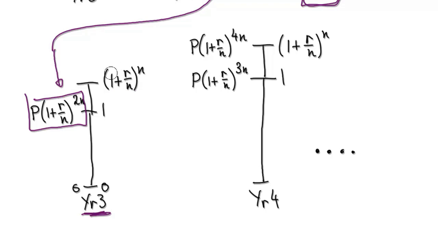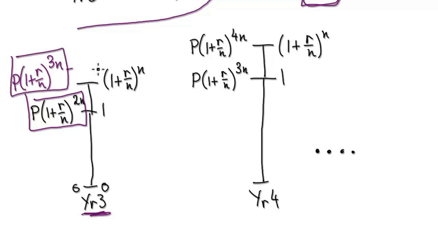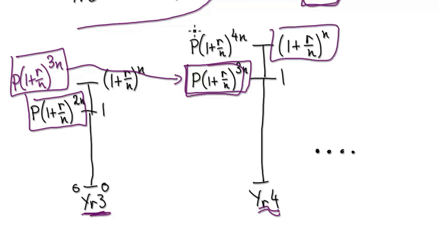So the amount that you have at the end of year 3 will be P(1 + r/n)^(3n). And then at the start of year 4, this will be your new 100%. This is the amount that you have in the bank at the start of year 4. At the end of year 4, you would get this times this, so that will then give you this.